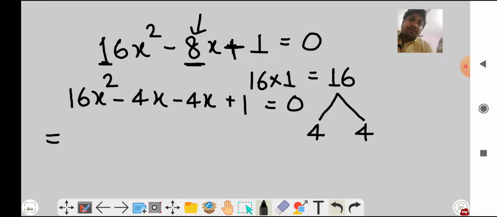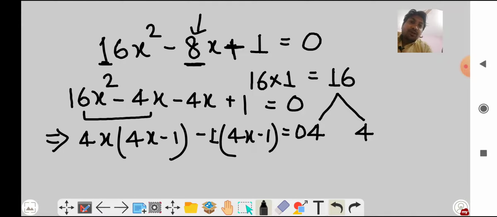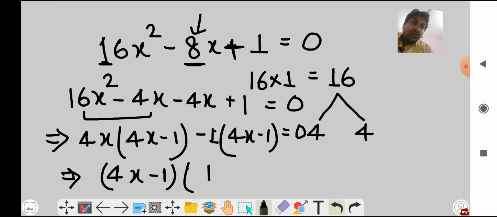Now we have to take the common. From these two terms, what is the common? I think it is 4x, so it will be 4x minus 1. From these two terms, minus 1 you will take common, so it will be 4x minus 1 equals to 0. Or you can say 4x minus 1 will be common, so here is 4x and here is minus 1 equals to 0.